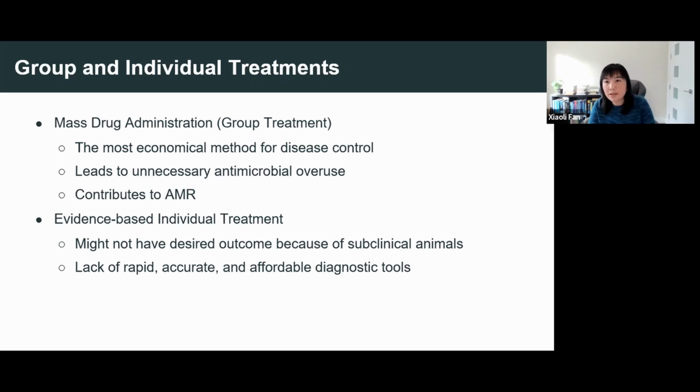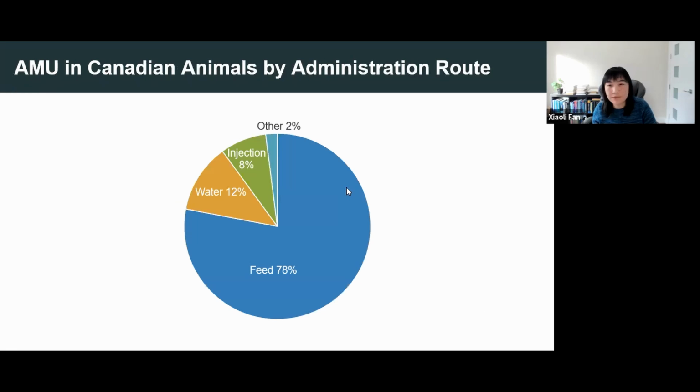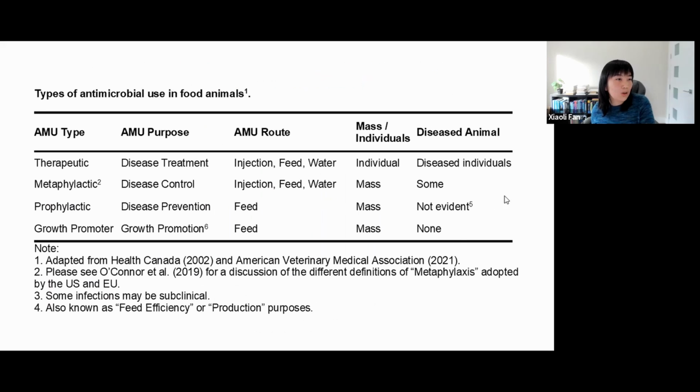Here is the data for the different routes of antimicrobials used in animals in Canada in 2018. And again, we can tell that 78% are in feed. And if we go back here, you can read that it's the prophylactic and growth promotion use of antimicrobials.